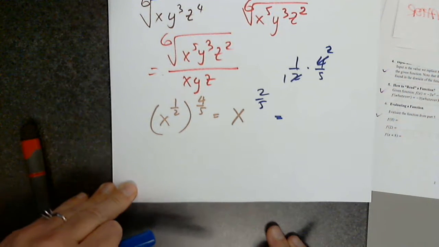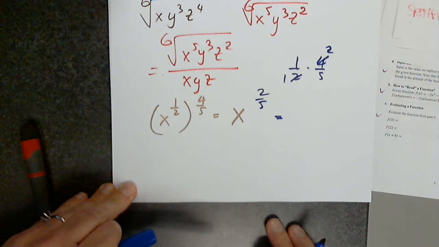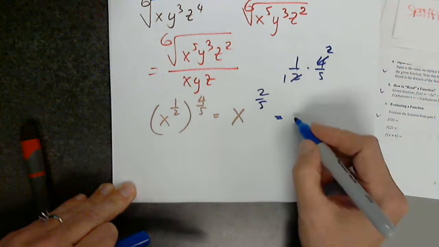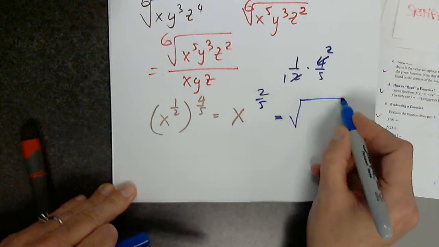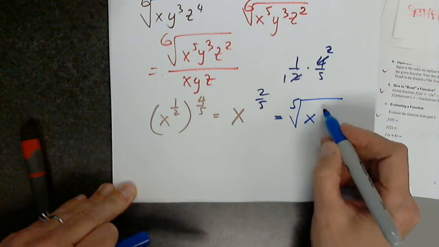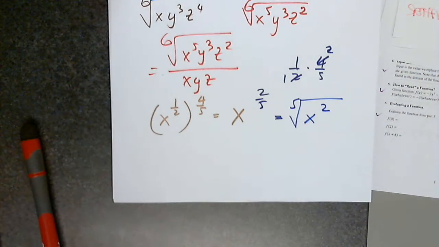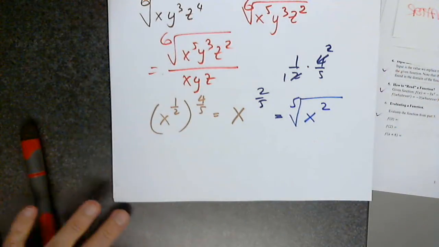First thing we studied in this chapter. First page, first row. Excellent. Good. So let's read the next item. So the 5th root of x squared.